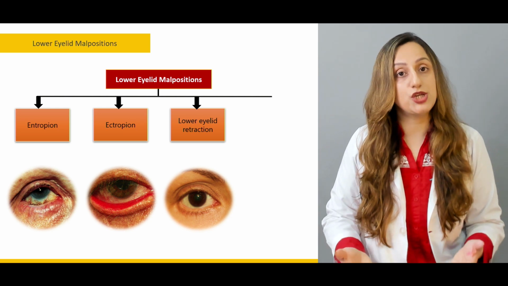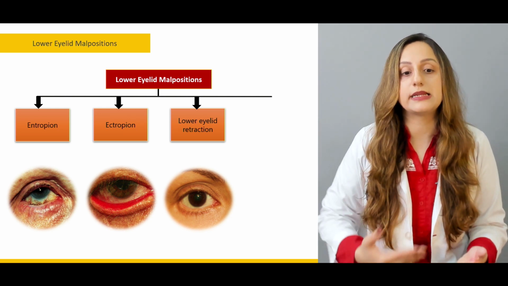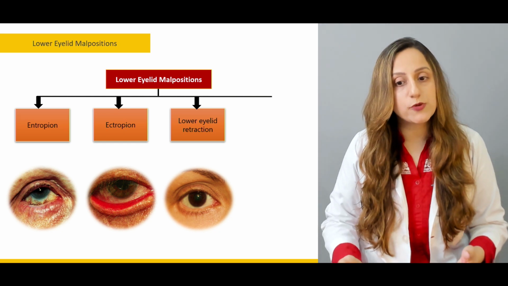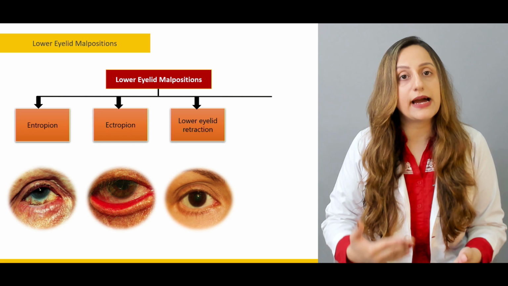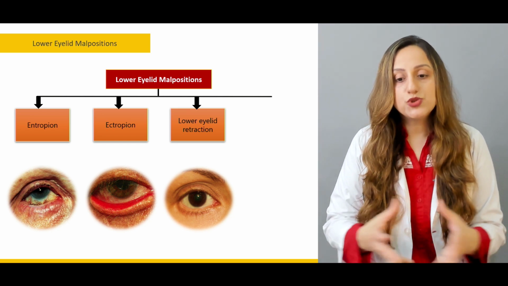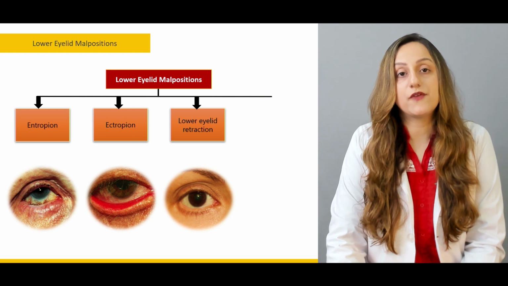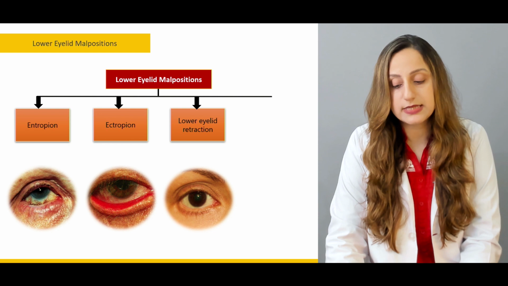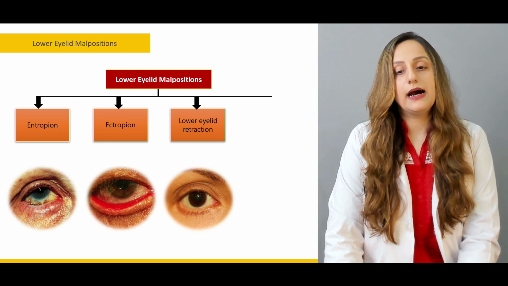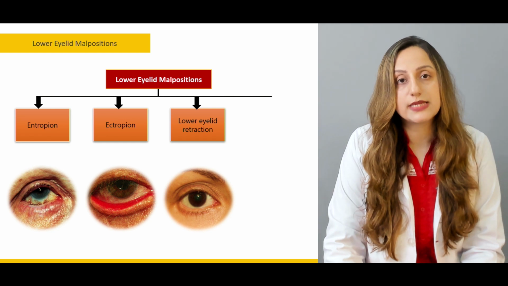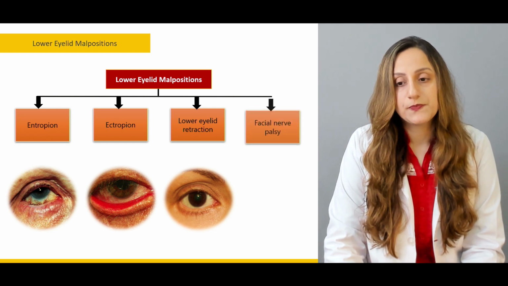In advanced ages, you usually come across senile entropion, senile ectropion, and senile lower eyelid retraction. It is usually a case of fibrosis associated with advanced age, so it is mostly a senile condition. Again, it exposes the eyes and the conjunctiva, resulting in corneal ulcerations.